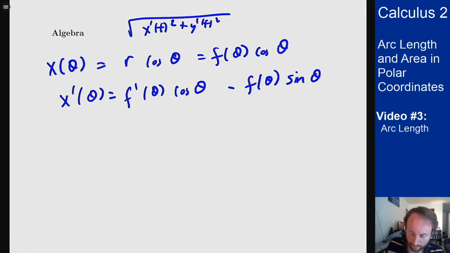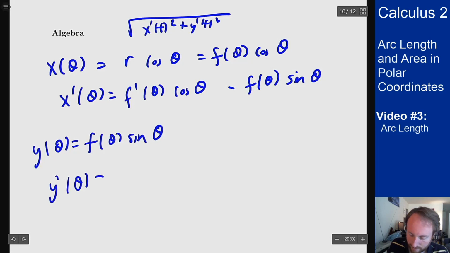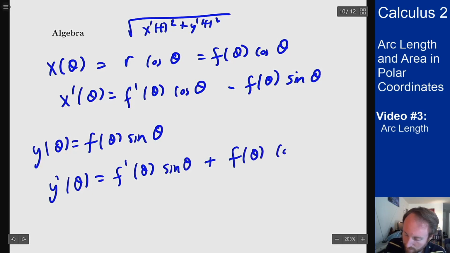I can do the same thing for y. So y of theta is going to be f of theta sine of theta. I can differentiate this as well. Y prime of theta is going to be f prime of theta sine theta plus f of theta cosine theta.